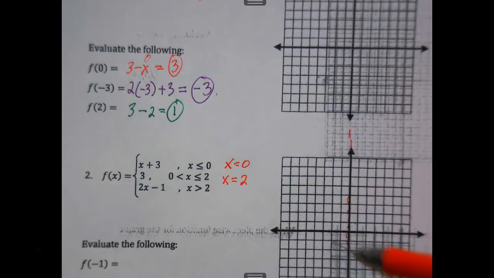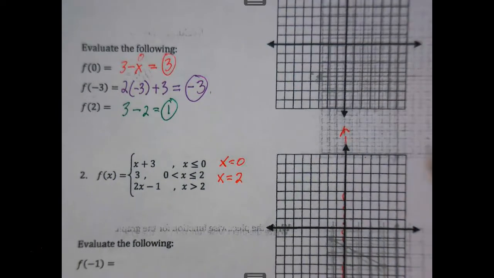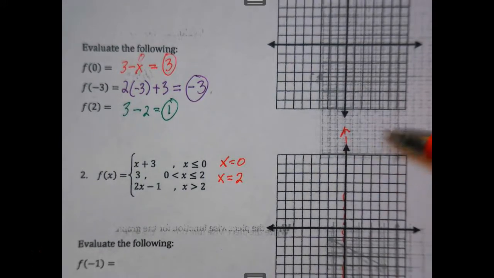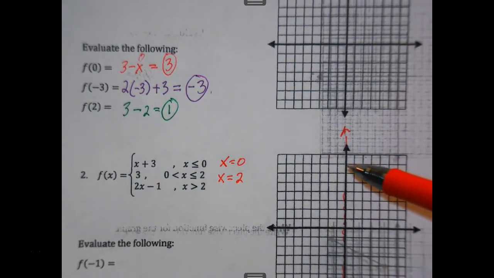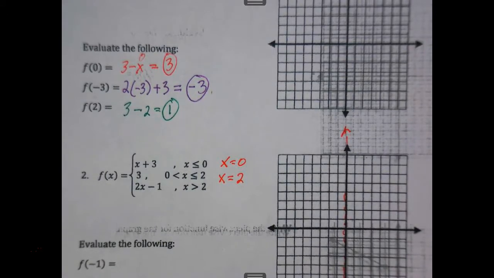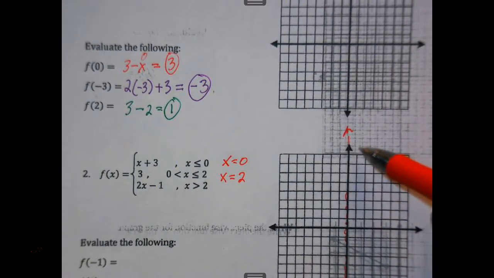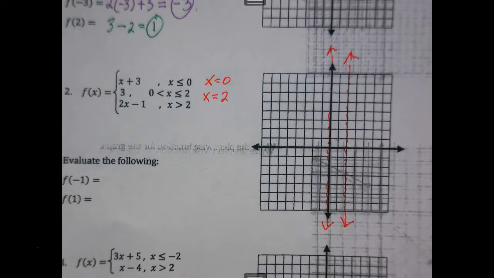X equals 0 tells us where the domain and ranges actually switch. X equals 2 is the other one. So here's 2. If you guys have colored pencils or highlighters, this is really a good section to start using them.